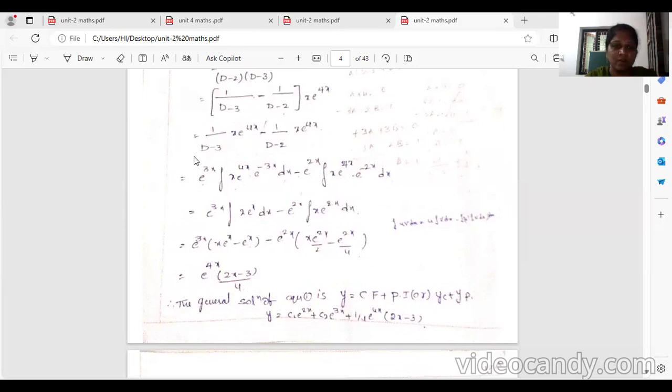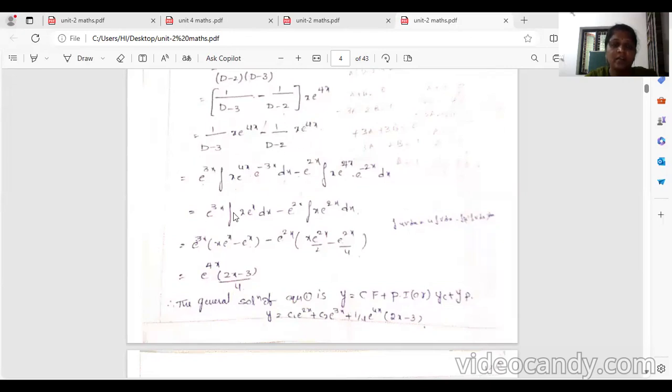The first fraction is of the form a1 by D minus alpha 1 into Q of x, where alpha 1 equals 3 and Q of x equals x into e power 4x. The second fraction is a2 by D minus alpha 2 into Q of x, where alpha 2 equals 2 and Q of x equals e power 4x.